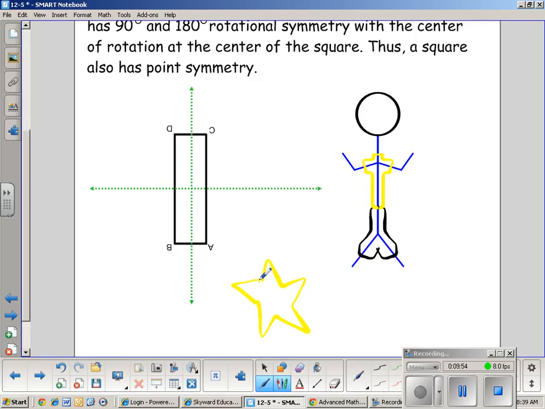If I took this plane and cut right down through the middle of me with this plane, okay? Let me help you. So here's my plane going right down through the middle of my body. Am I reflection symmetric on both sides of this? Yeah, I am. So that tiger is going to be reflection symmetric, but not rotational symmetric.